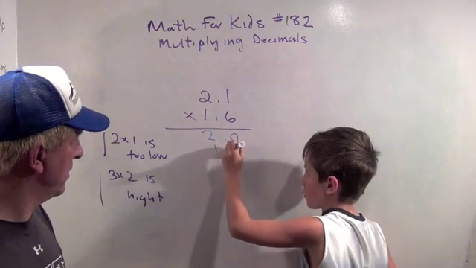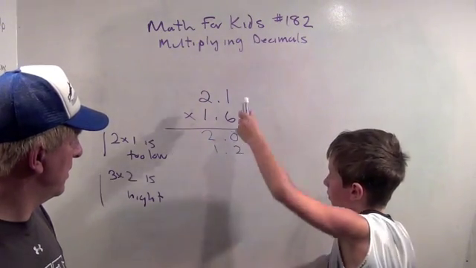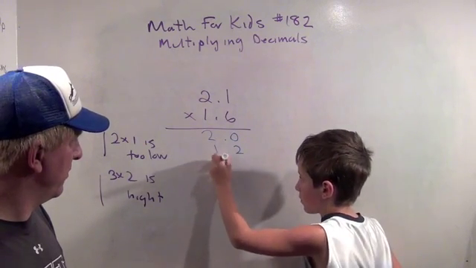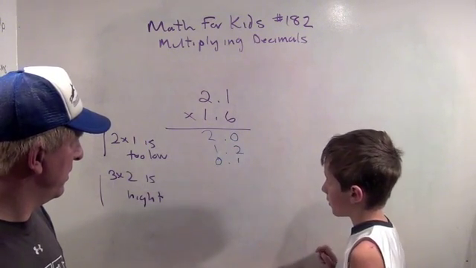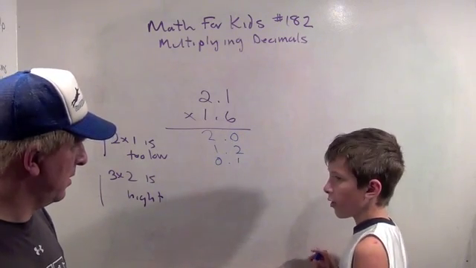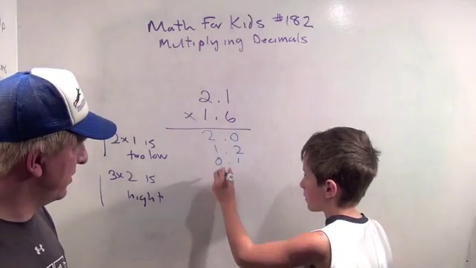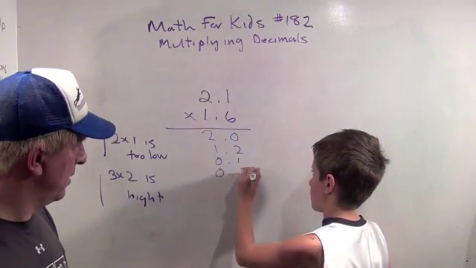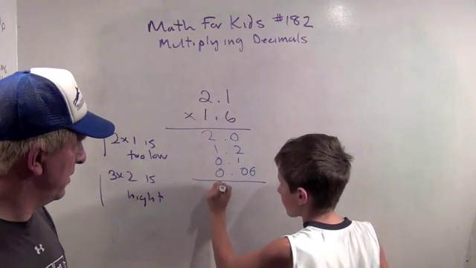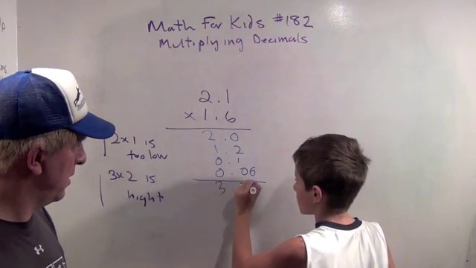And 0.1 times 1 is 0.1. Okay. And 0.1 times 0.6 is 0.06. Okay. And now what does this add up to? And this sums up to be 3.36.